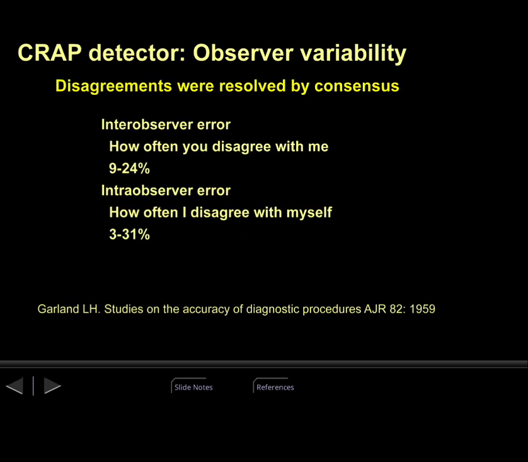A common innocuous statement in research reports: disagreement was resolved by consensus. Disagreement is a valuable parameter and really reflects the reliability of a test as it is applied in practice. Most often, consensus really means everyone caves into the boss.